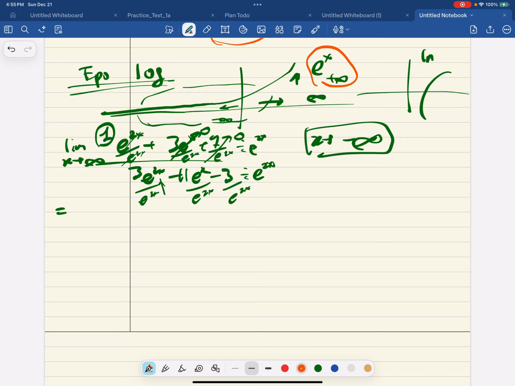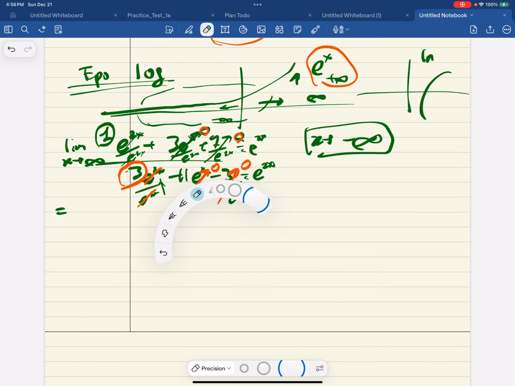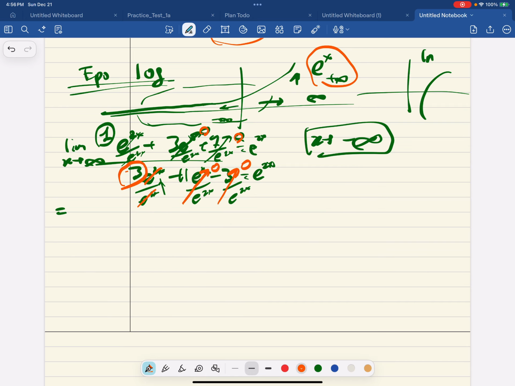They shrink to 0 because they're divided by a very big number, divided by infinity. And here it's just cancellation, so the 3 stays, because e to the 2x divided by e to the 2x cancels out and leaves 1. So the 3 stays. So now we have the answer 1/3.